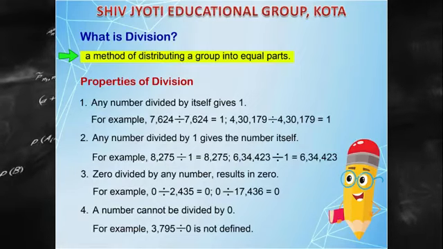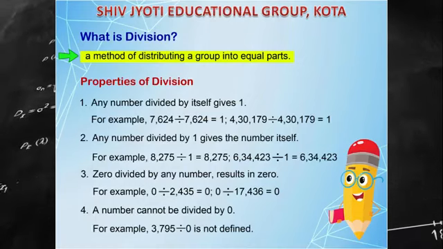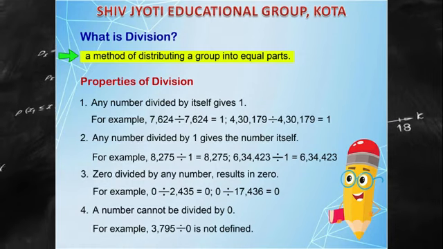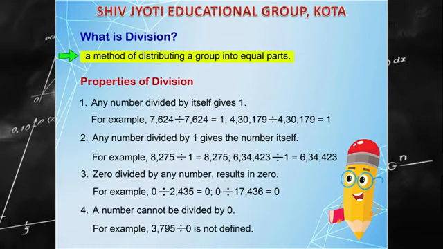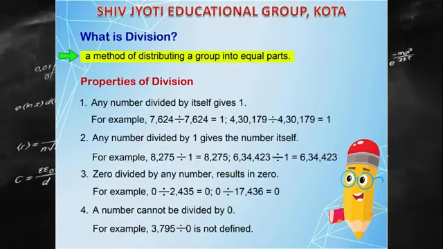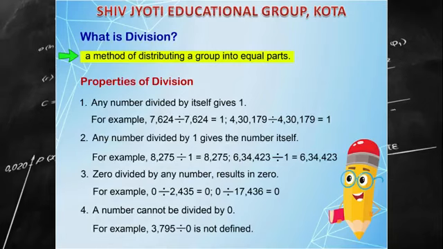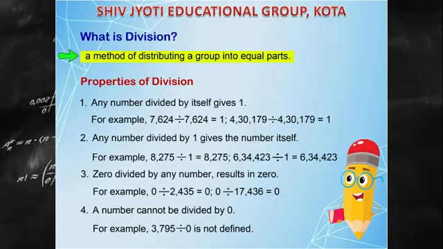For example, 0 divided by 2,435 is 0 and 0 divided by 17,436 is also 0. A number cannot be divided by 0. For example, 3,795 divided by 0 is not defined.